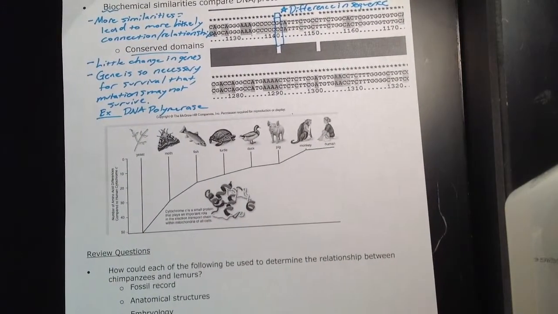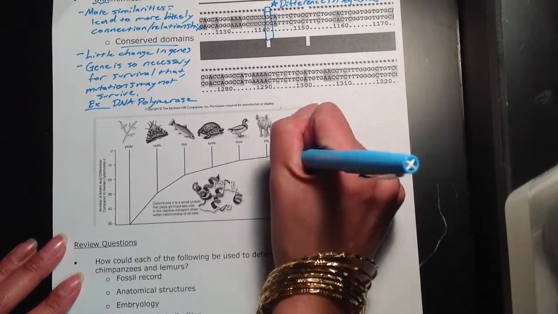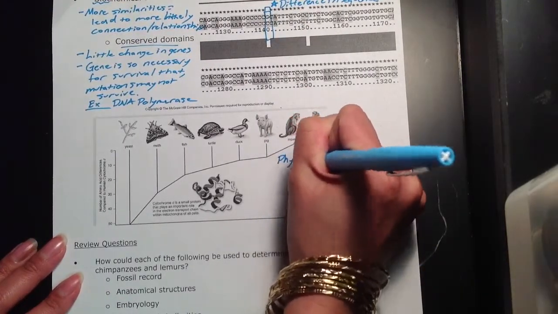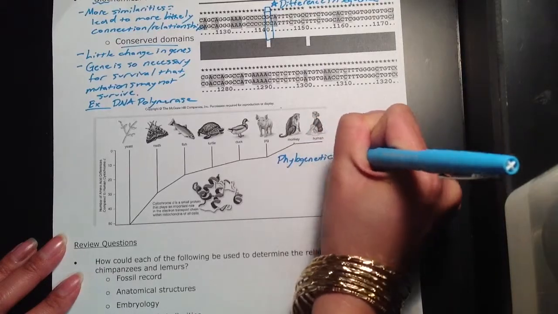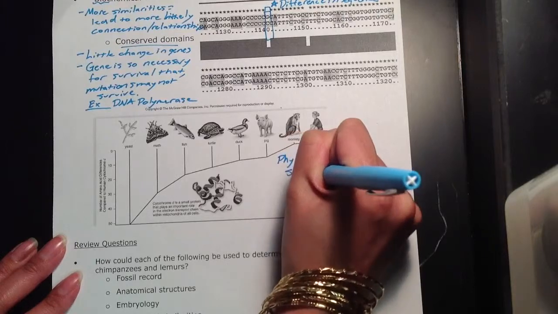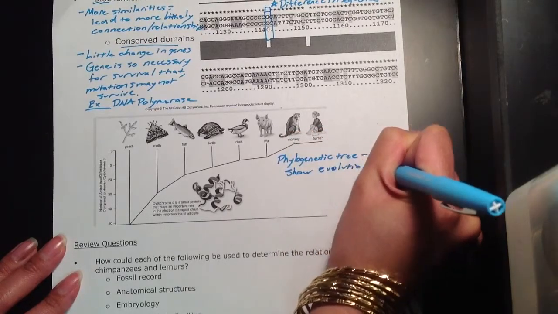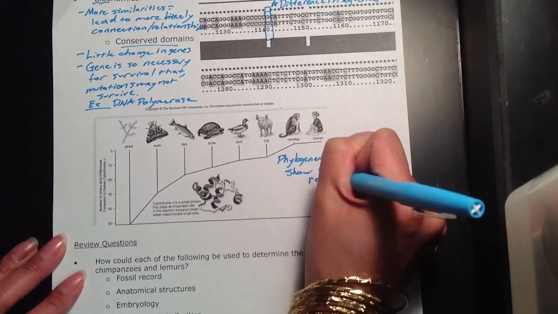In this next image, or last image really, this is an example of a phylogenetic tree. Some of you have already seen these in some of the work that we've done before, and these show evolutionary relationships between organisms.